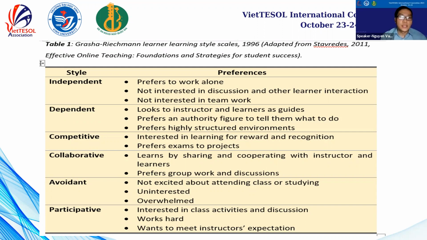And you can see competitive learners who are interested in competitive games, learning for reward and recognition, and prefer projects. So when the teacher has an understanding of learning styles, they can design effective learning activities in class.